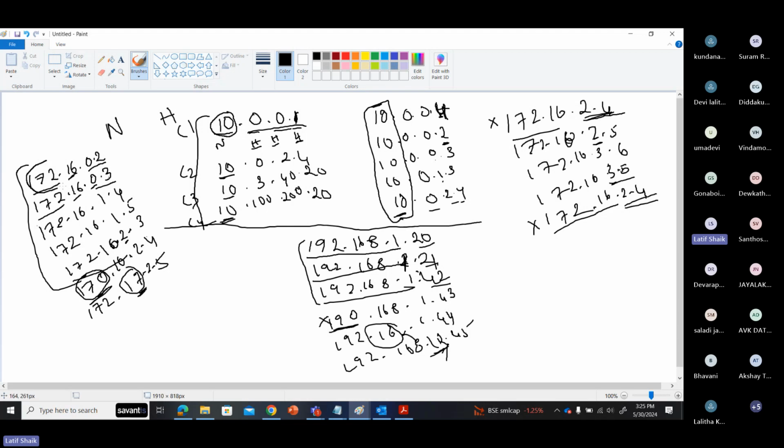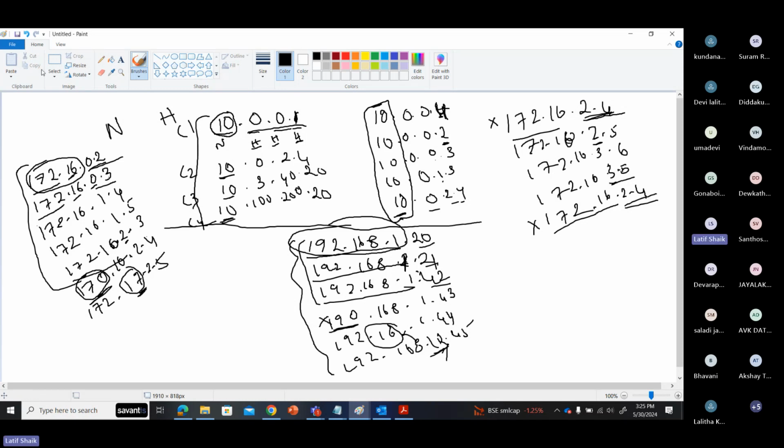If it is class B, these two are the network portions, and the remaining is the host portion. If it is class C, these three are the network portion. Make sure that for every IP address you configure, these three must be the same and the host is different, right?